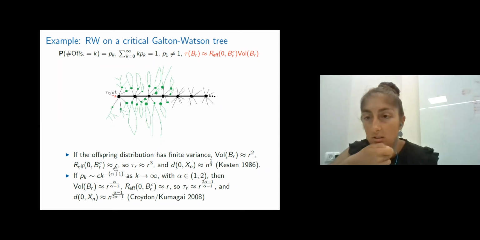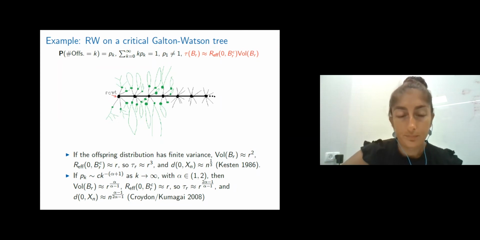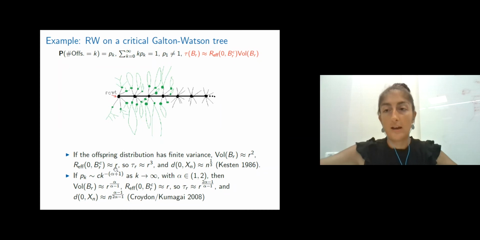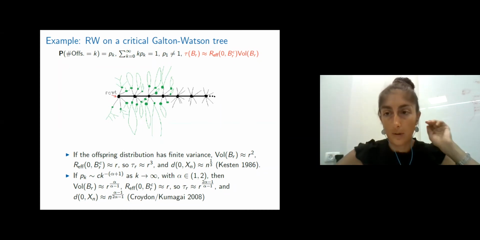On any graph, the effective resistance to the boundary is always at most r, because as long as you actually have a boundary, there's always going to be at least one path of length r going to the boundary.